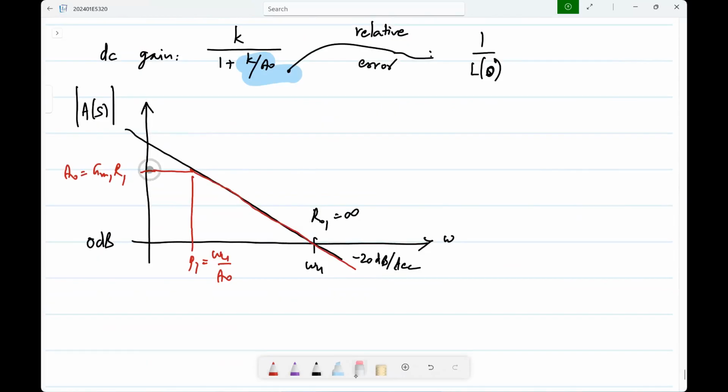Because here the gain has fallen from A naught to unity. That is a factor of A naught. So because this is minus 20 dB per decade, it's just inversely proportional to frequency. So this has to go up also by a factor A naught. Okay. So these are all things you need to know so that you can calculate things quickly.